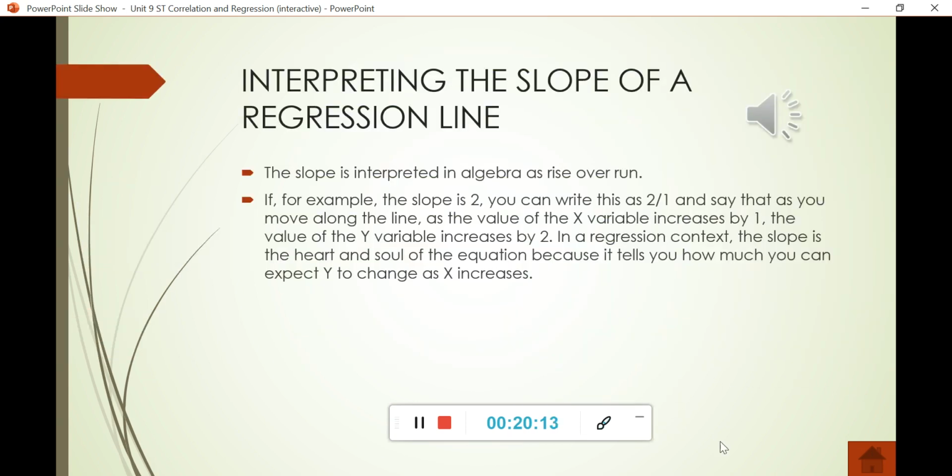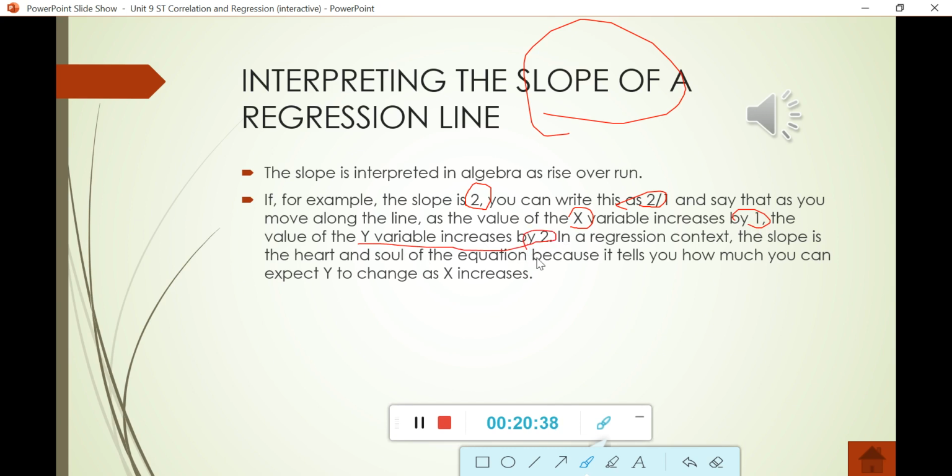So let's look at the slope of regression. In this case, we're gonna understand how to interpret the slope of regression. In the slope of regression, what we can see is that, for example, the slope is 2. So in this case, we can write it as 2 over 1. So as the value x increases by 1, then the value y increases by 2.